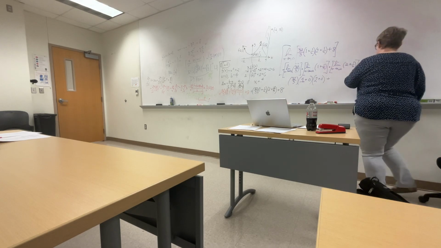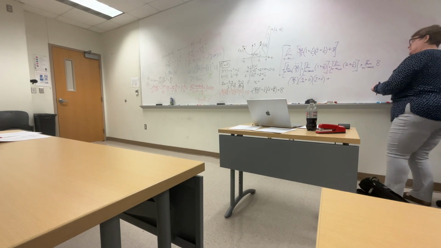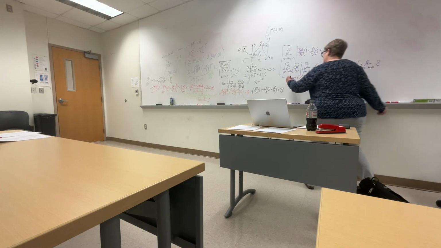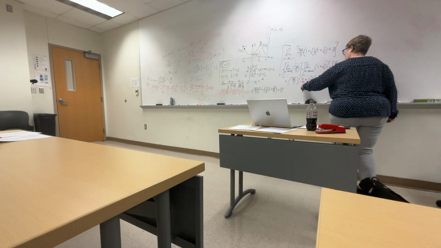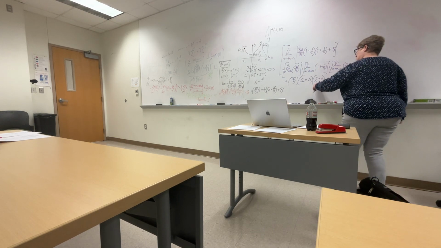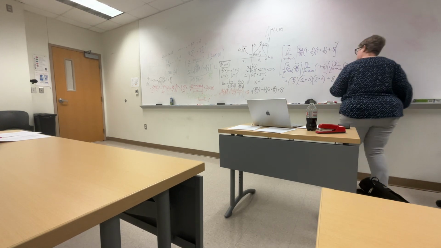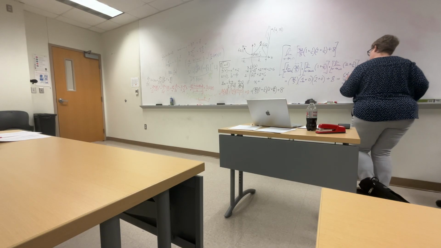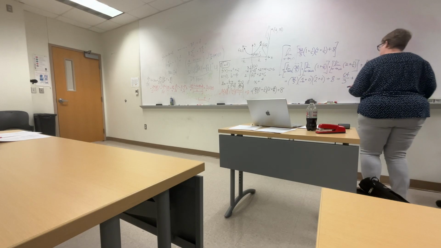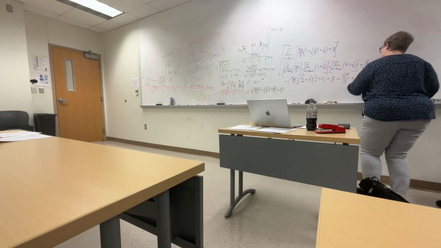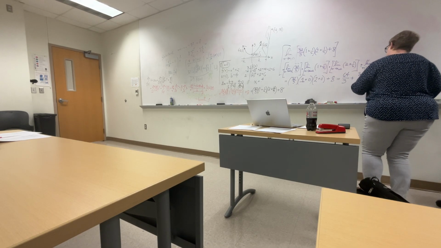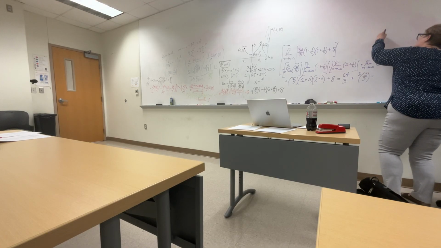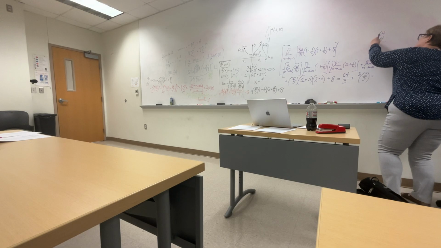The limit as n goes to infinity of 8 is 8. Ruby? One times 2 is 2, times 32 is 64 over 3, plus, and because I'm weird, I'm going to write 8 with the denominator of 3. That's 24. That's 88 over 3, is that right?